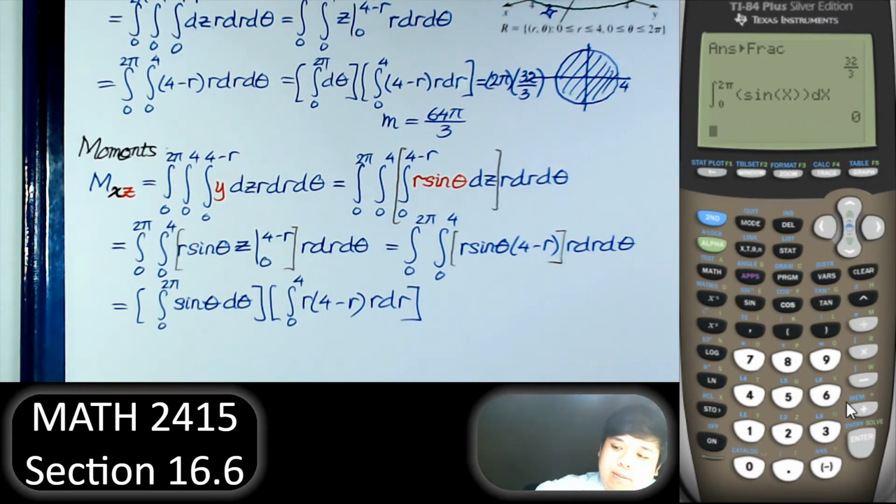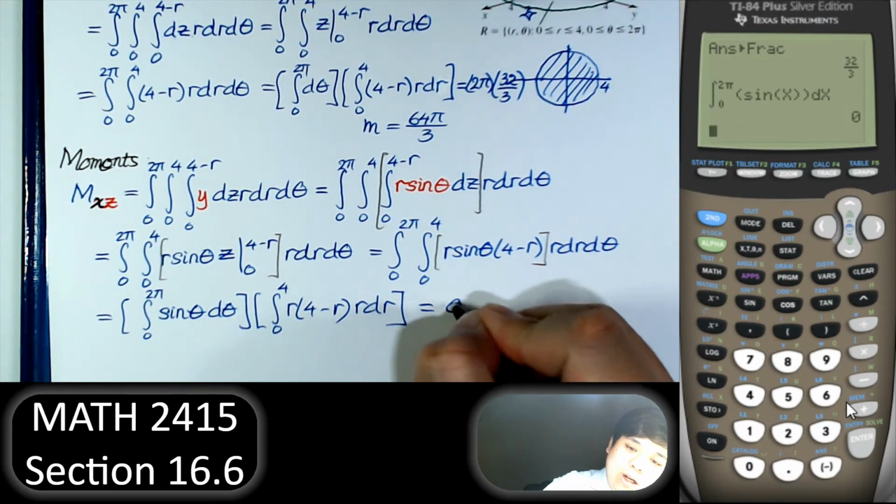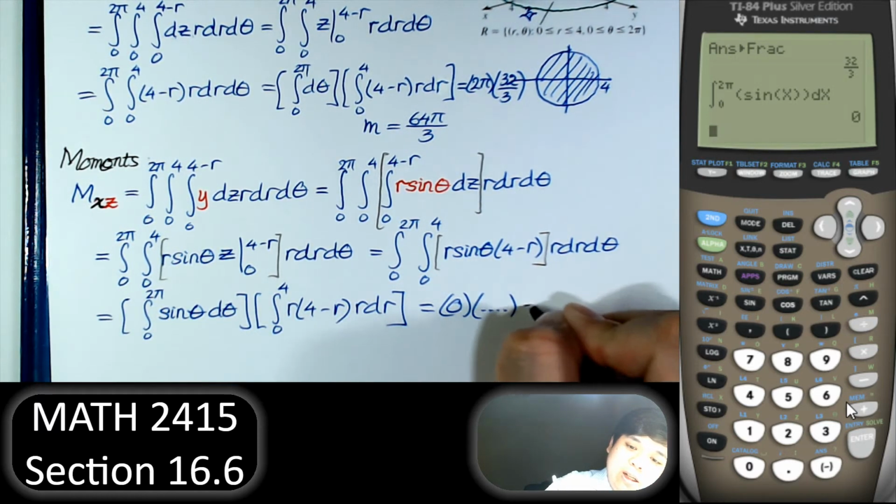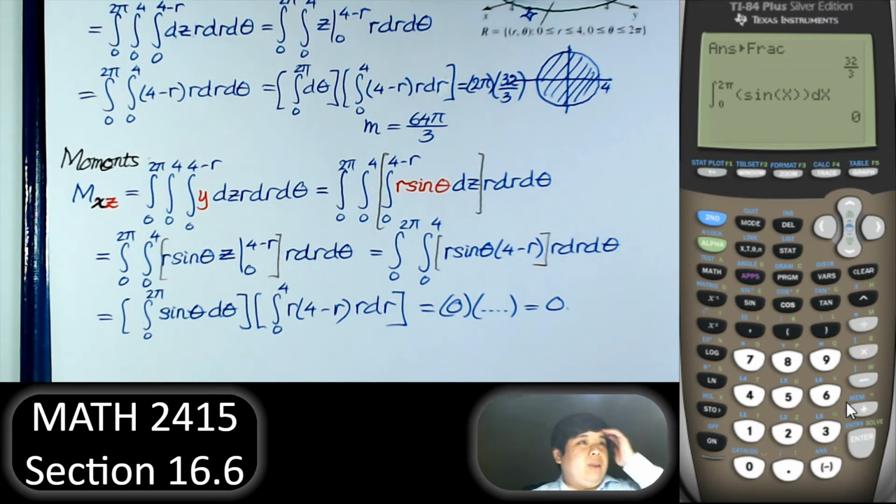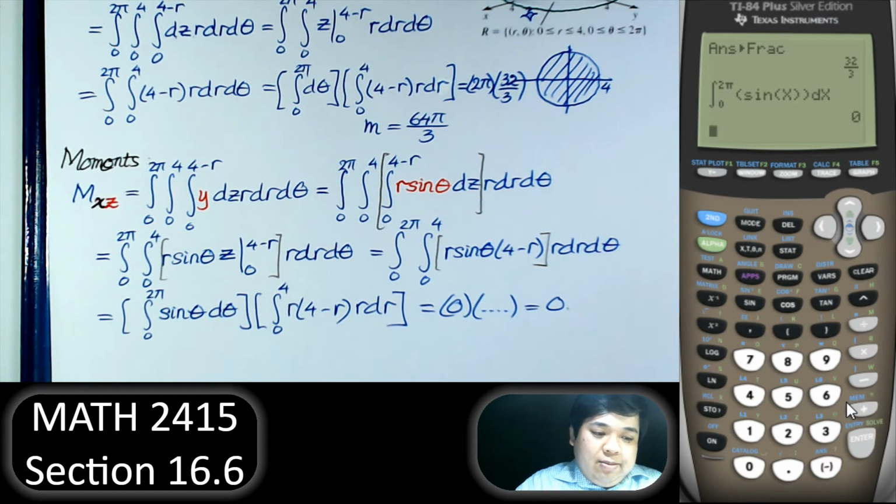So this is equal to 0 times something, which is still 0. That is M of x, z.